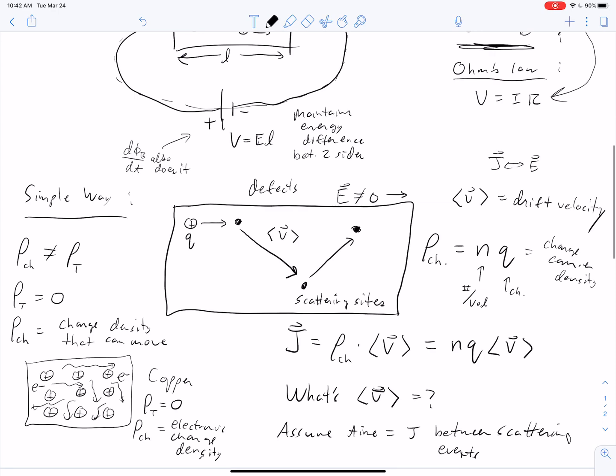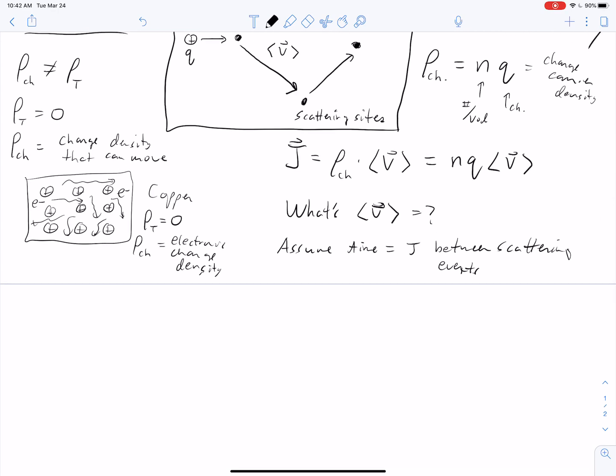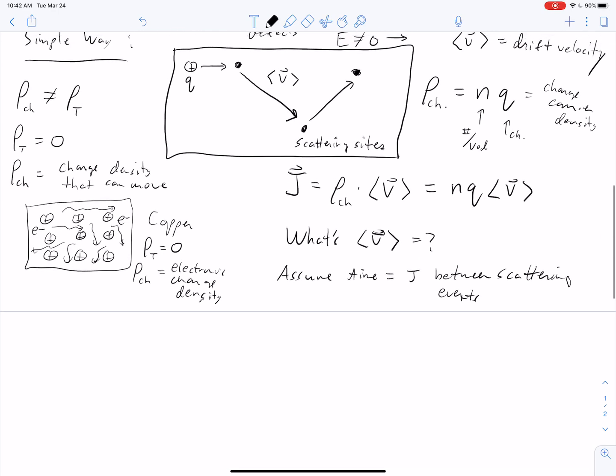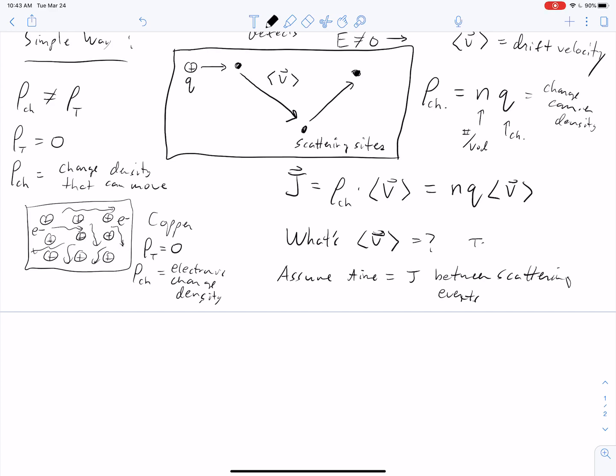It's a very simple concept, but it is sort of subtle. We're assuming that the charge carriers scatter, and then every time tau, they scatter again. Unfortunately, my tau looks like my J, and I'm sorry about that, but I can't fix it. So, this is a scattering time tau.